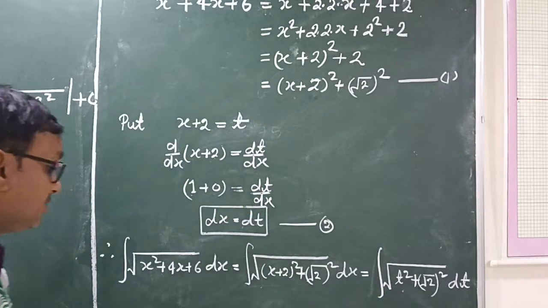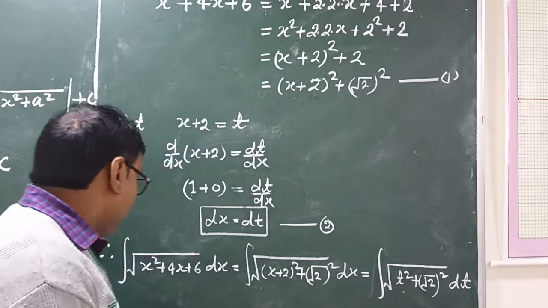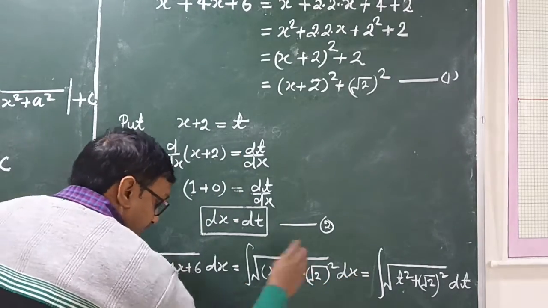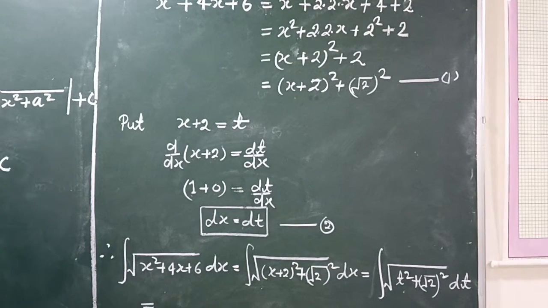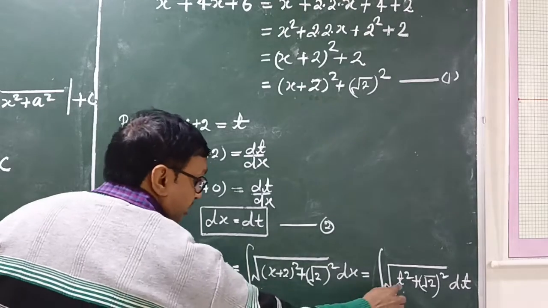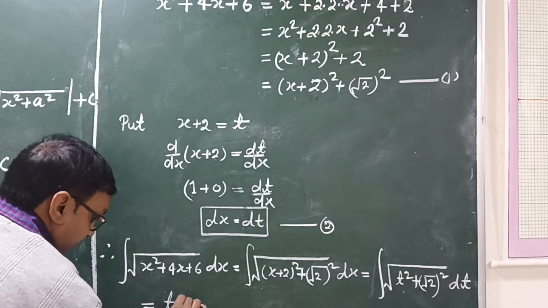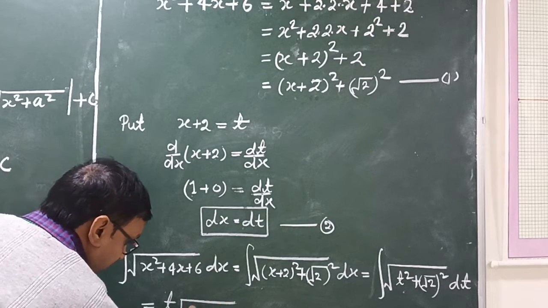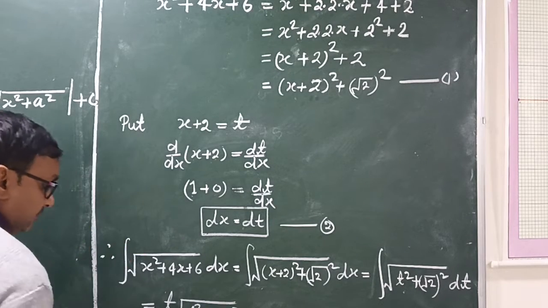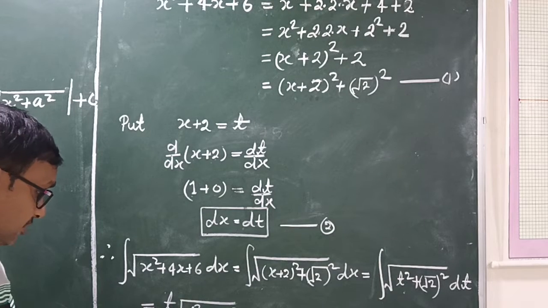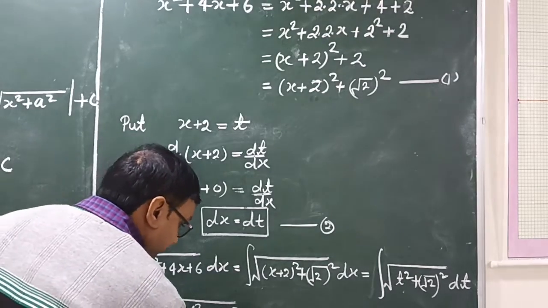This is the same as the first formula. By using the first formula, that is x by 2 under root x square plus a square plus a square by 2 log modulus of x plus under root x square plus a square, here x is t, so we get t by 2 under root t square plus under root 2 square, plus a square by 2.